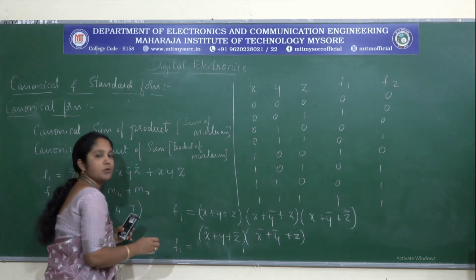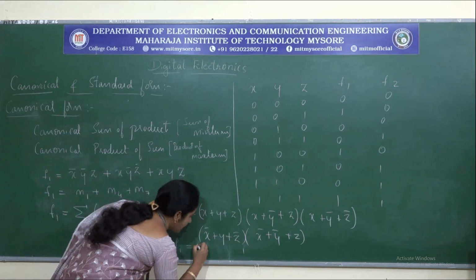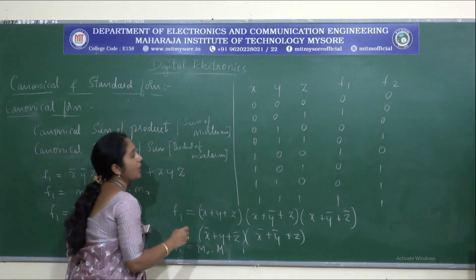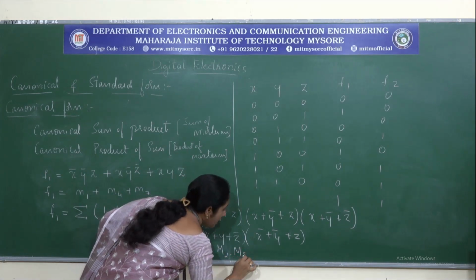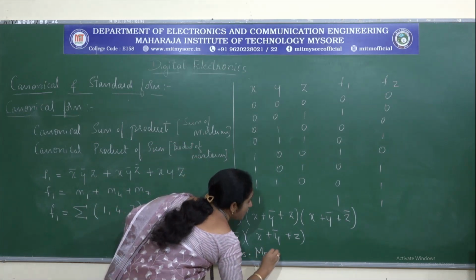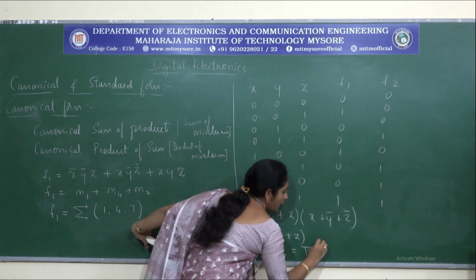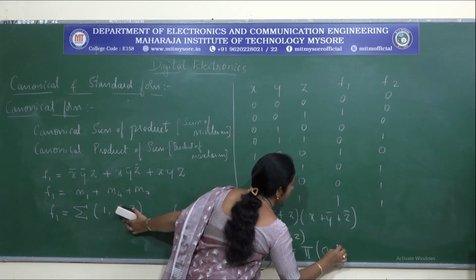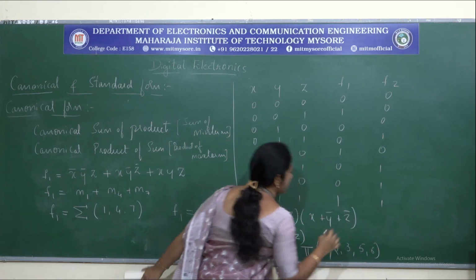This can also be written using the maxterm notation, as well as we have another representation. Let us see. This is M0 dot, it is a product, M0 dot M2 dot M3 dot M5 dot M6, which is written in another form as pi of 0, 2, 3, 5, 6.